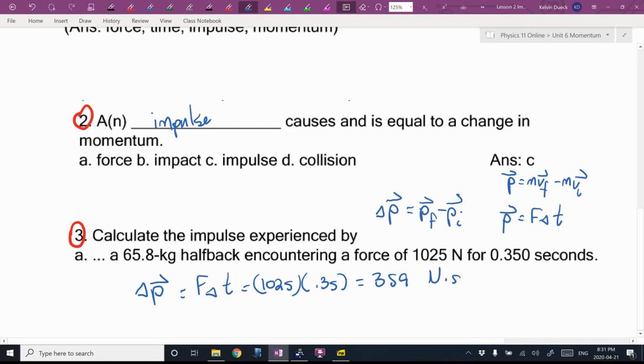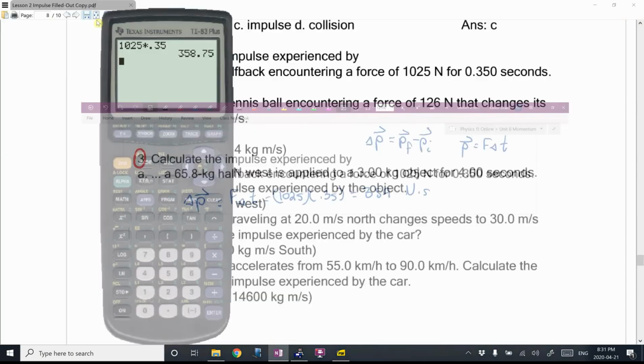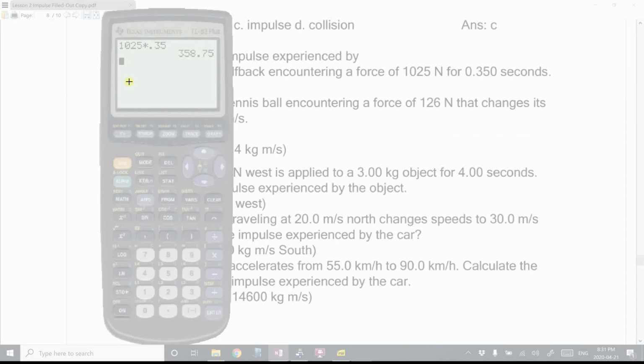I'd take either, but usually if I've used the force-time equation to find impulse, I write the units as Newton seconds. If I use the mass-velocity equation, I write the units as kilogram meters per second. But I'm not fussy. Oh, forgot to clear the calculator out.